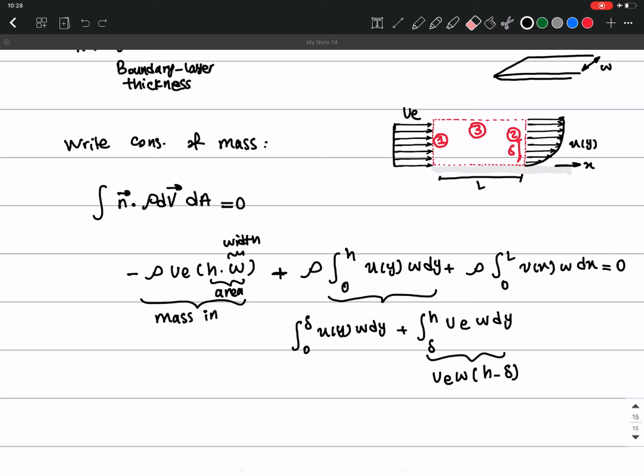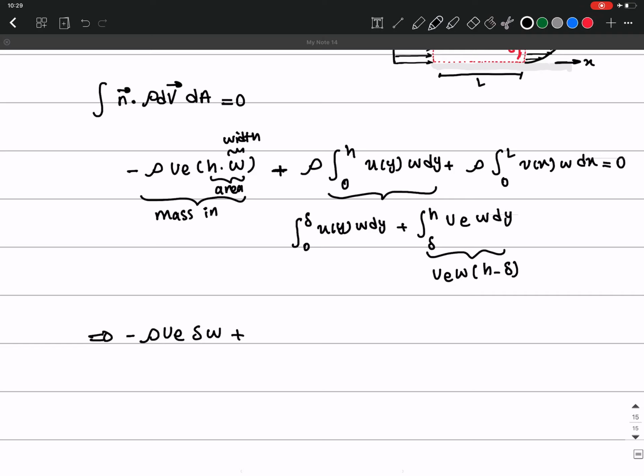So what I'm left with is minus rho ue, so the UEWH is going to cancel out, and I'm going to only have UEW delta, or delta W, plus the integral from 0 to delta UY W dy, plus rho, the integral from 0 to L Vx W dx equals to 0.